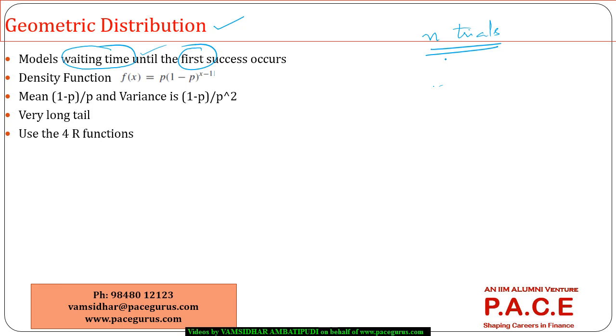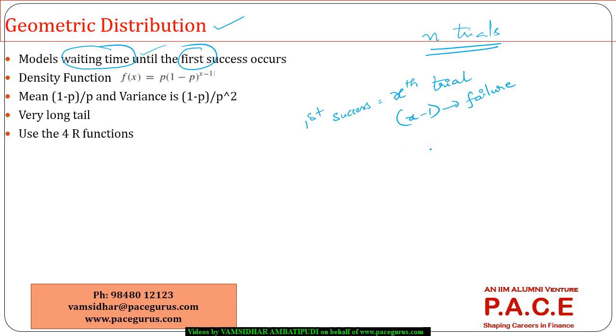So if I'm talking about getting the first success in the xth trial, it means the previous x minus 1 trials are failures and the xth one is a success.